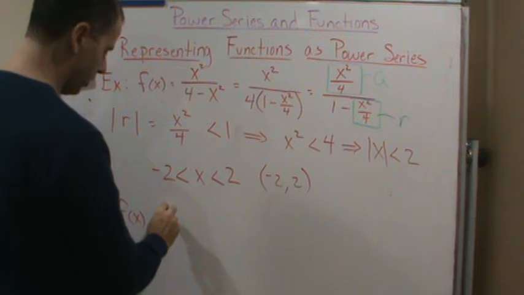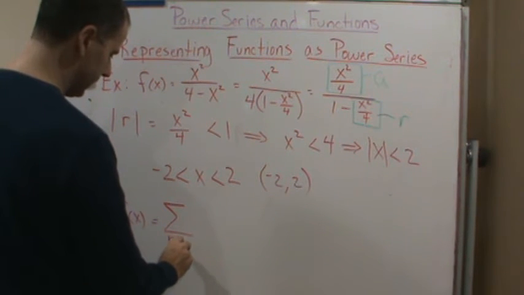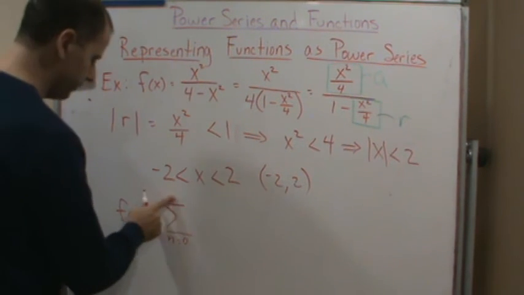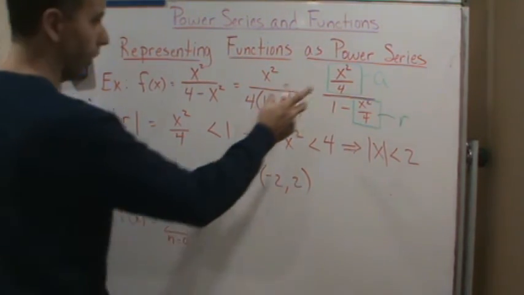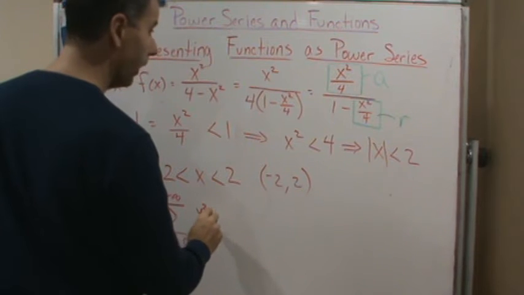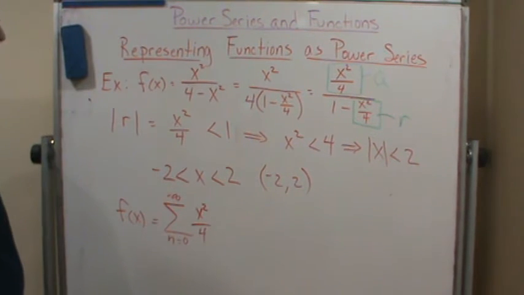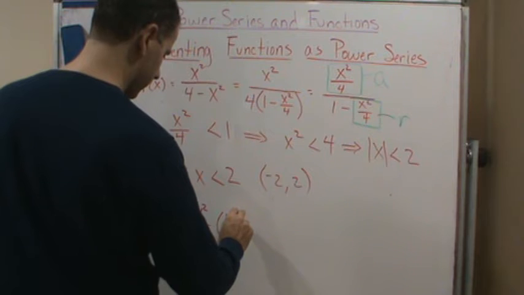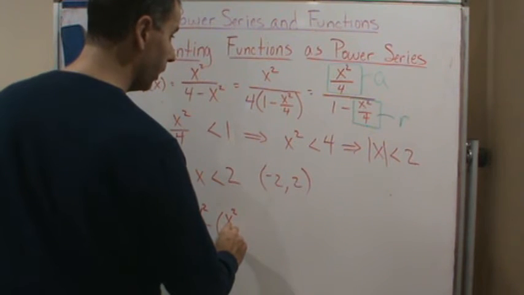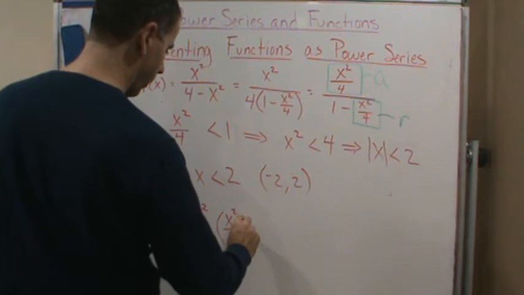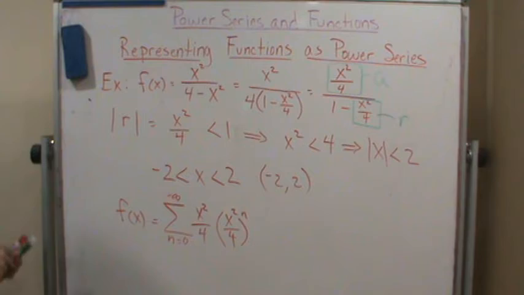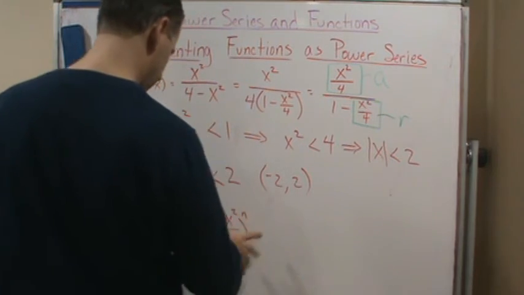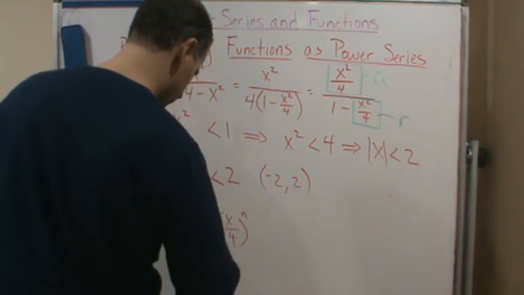Well, this is our a, so it's going to be the summation from n equals 0 to infinity of x squared over 4 times x squared over 4 to the nth power. Let me make this a little better.